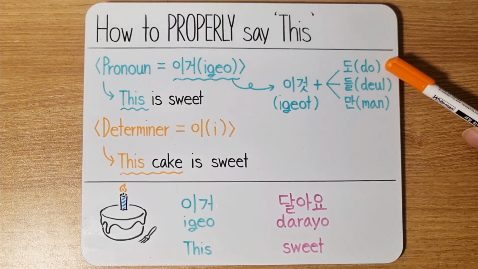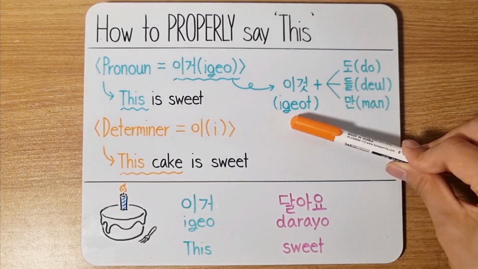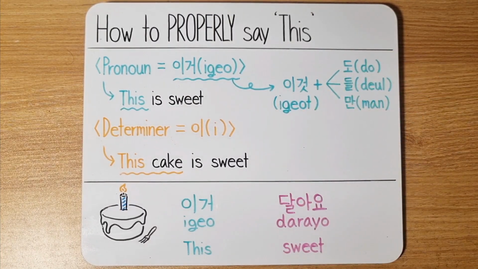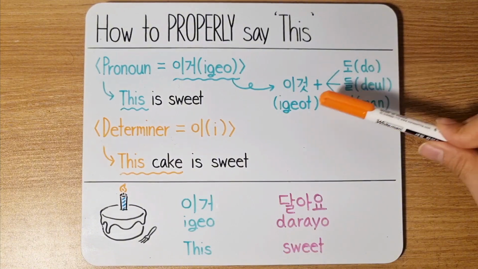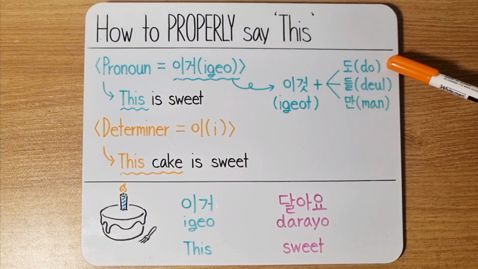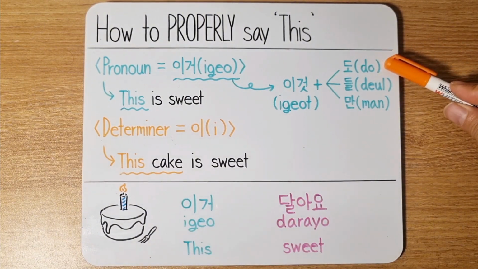So for example, if you want to say this too, also this as well, then you could use this version and then attach the particle 도. So 이것도. Now it means this as well, this also, this too. Not just that, but this as well. That is what the particle 도 does.